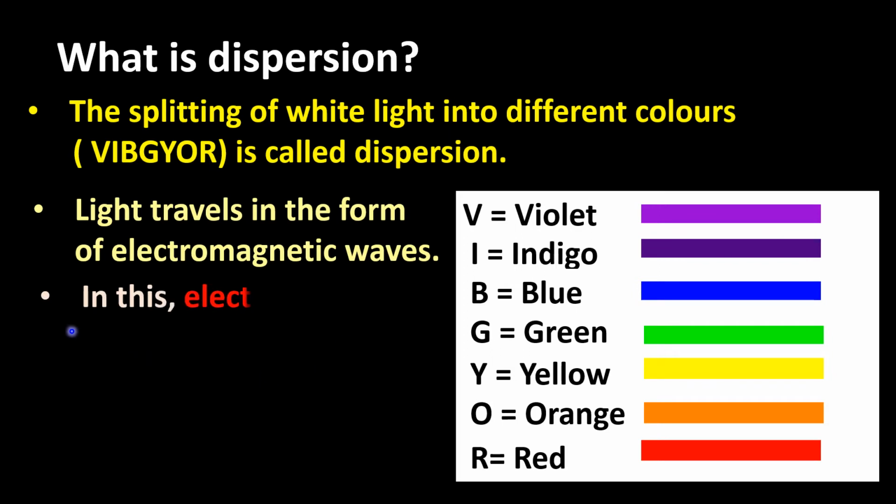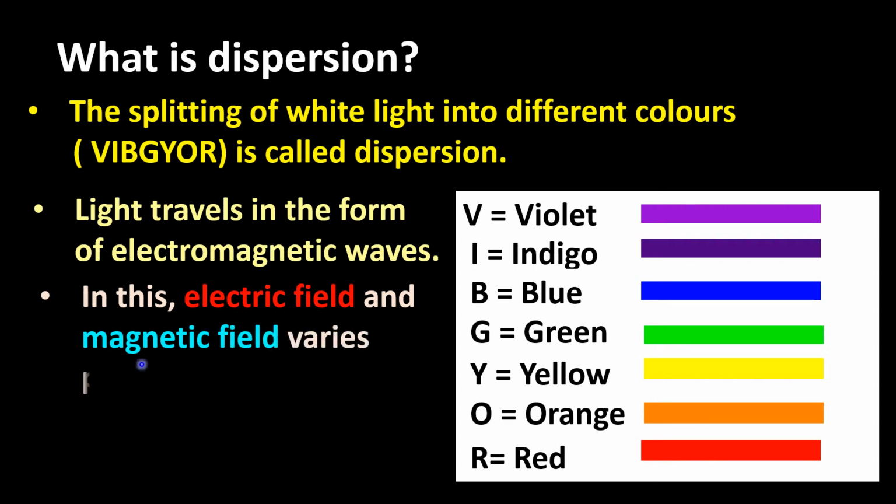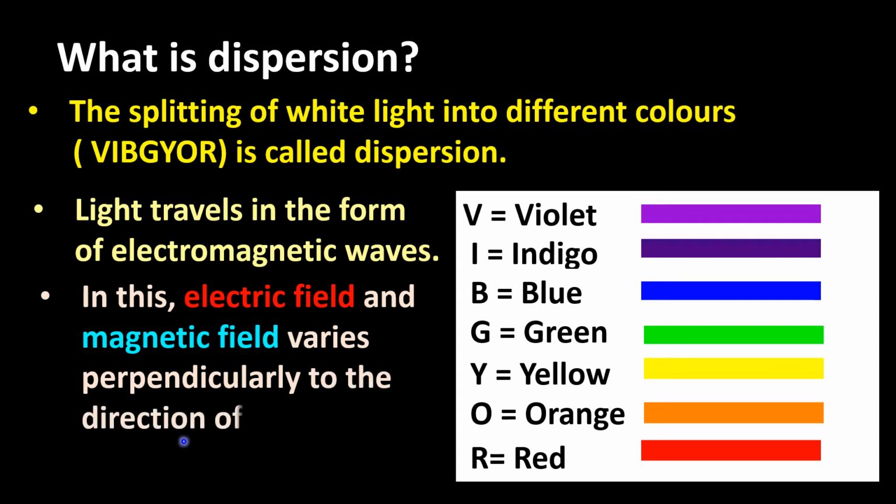Okay, in electromagnetic waves, the electric field and magnetic field vary perpendicularly to the direction of propagation of the wave.